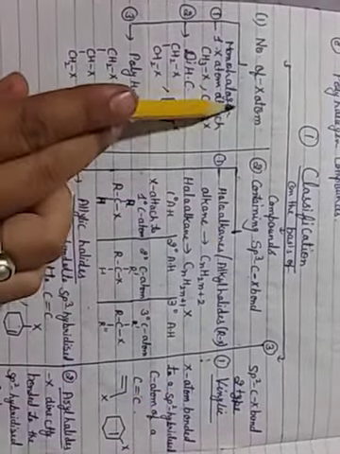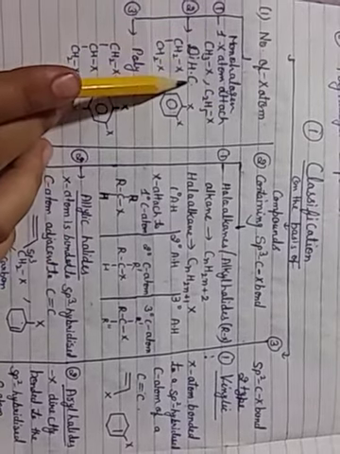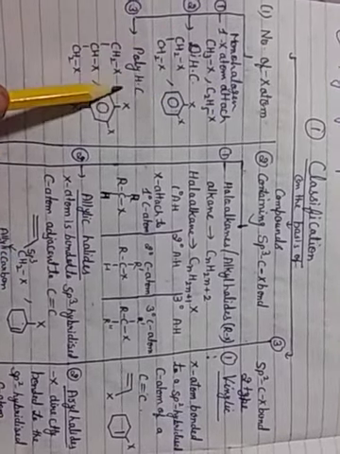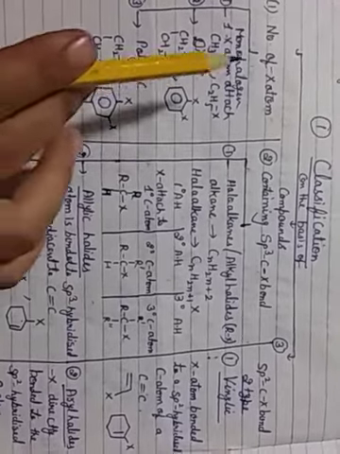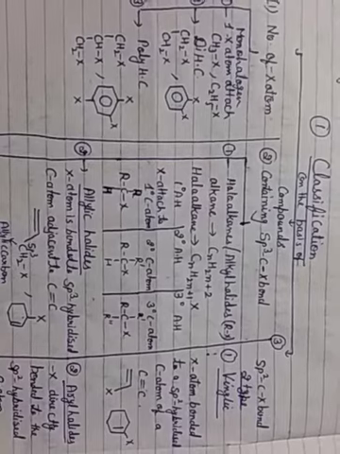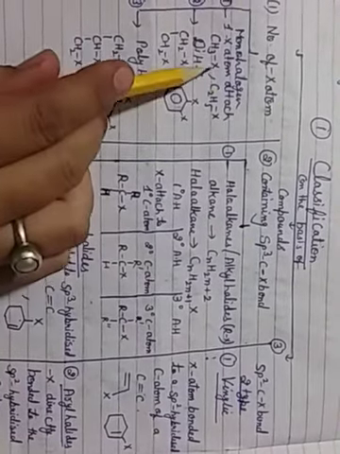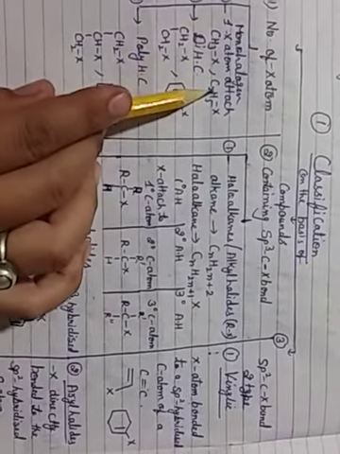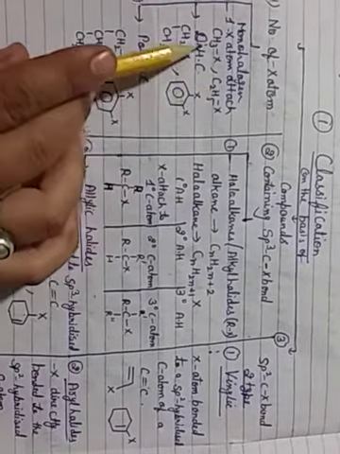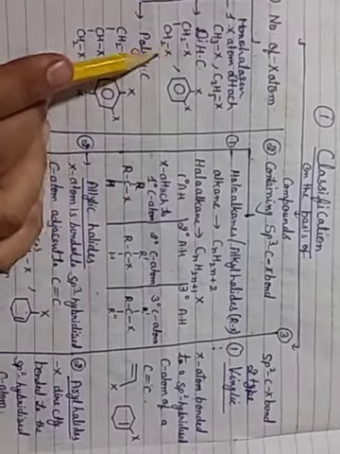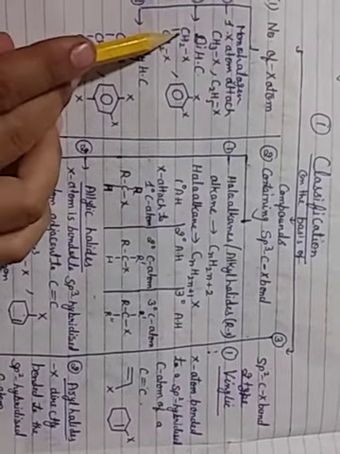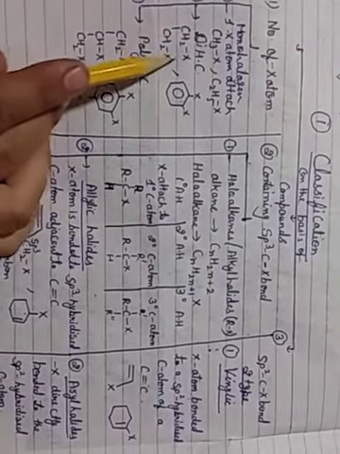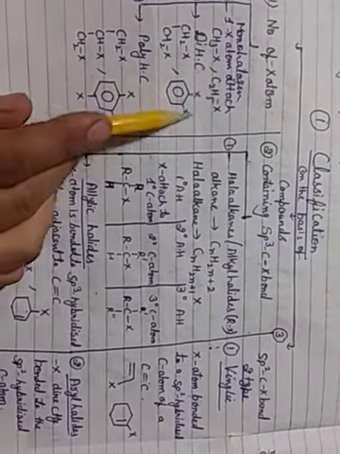First, on the basis of the number of halogen atoms, there are 3 types: monohalogen, dihalogen, and polyhalogen compounds. A monohalogen compound has only one halogen attached, like CH3X, C2H5X. A dihalogen compound has two halogens attached to carbon atoms, like CH2X, CH2X, or two halogens attached to a benzene ring.